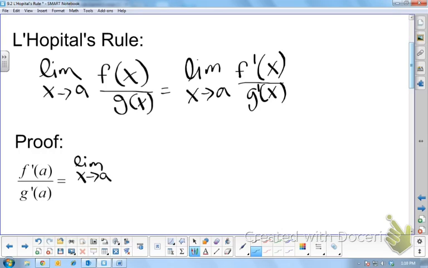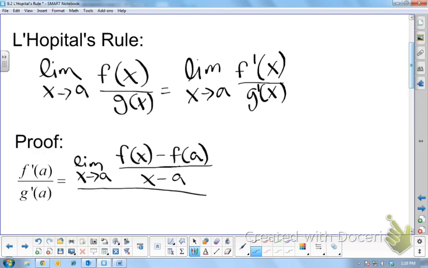We had some old school definitions for derivatives. Derivatives are really the limit as x approaches a of f of x minus f of a all over x minus a. We also had the limit as h approaches 0 of f of x plus h minus f of x all over h.